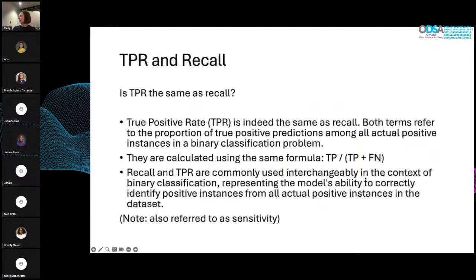It is the exact same thing. Both terms refer to the proportion of true positives over true positives plus false negatives. So it's the proportion of true positives among all actual positives. So they both carry the same formula. It's TP over TP plus FN. They're commonly used interchangeably in problems, and just note that it's also sometimes referred to as sensitivity. So true positive rate, recall, sensitivity.